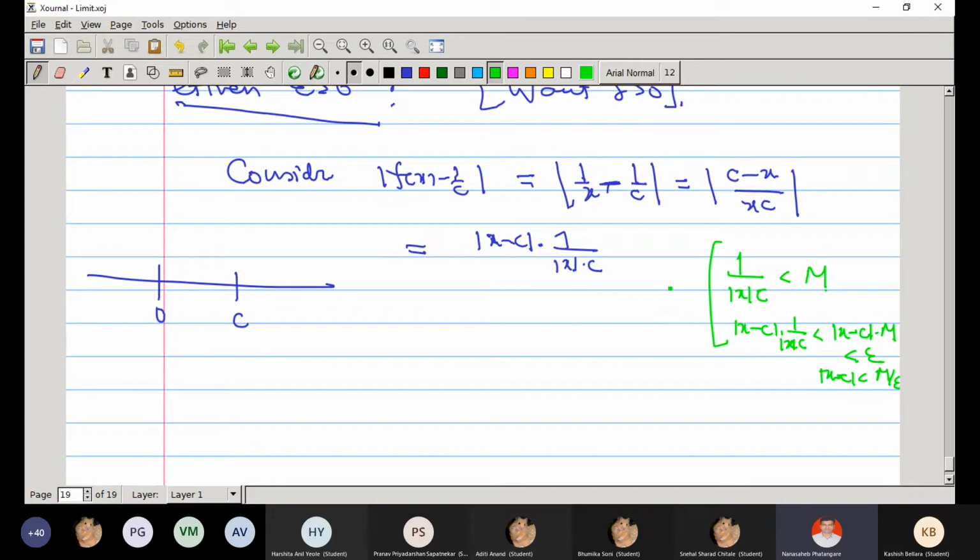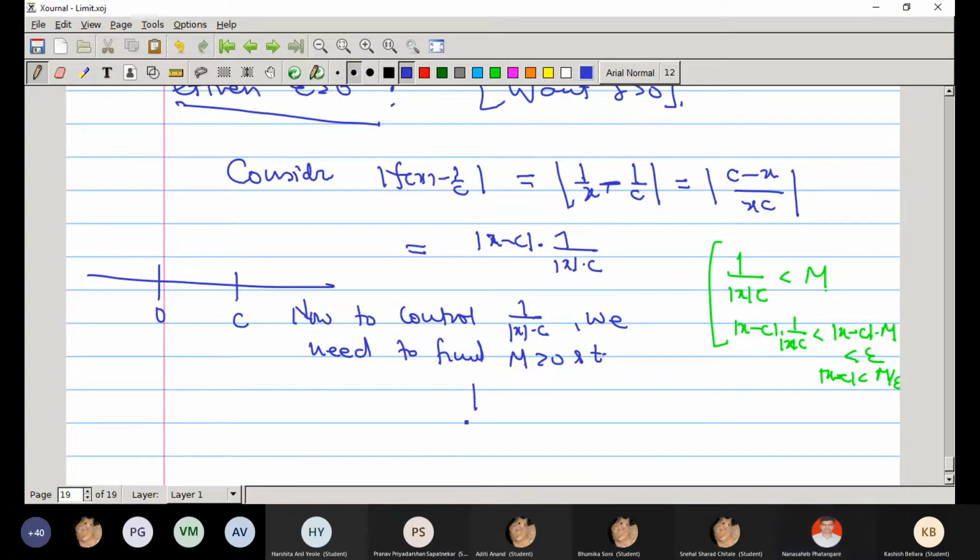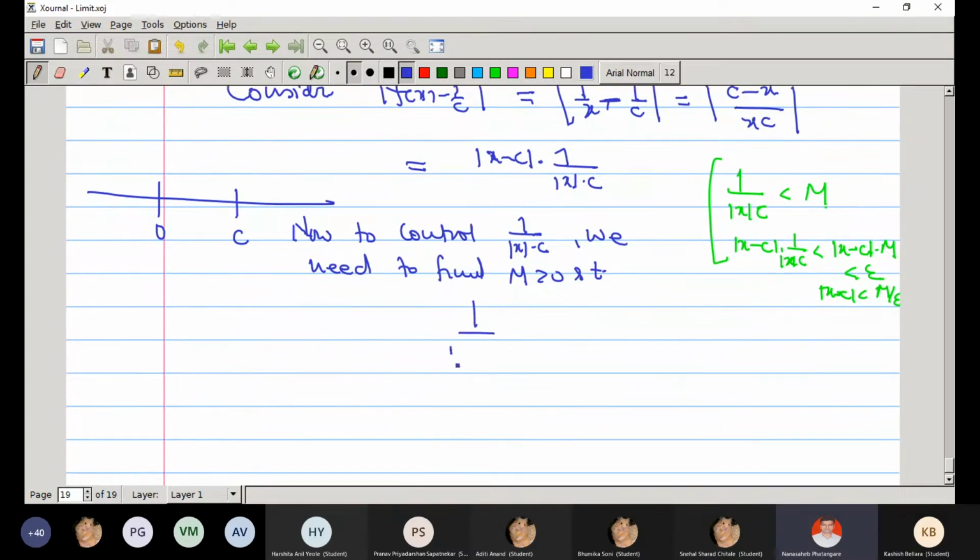This is just an observation. I want to make this expression less than epsilon, so somehow I have to control the second factor. To control it, we need to find some m such that 1 upon xc is less than or equal to m.